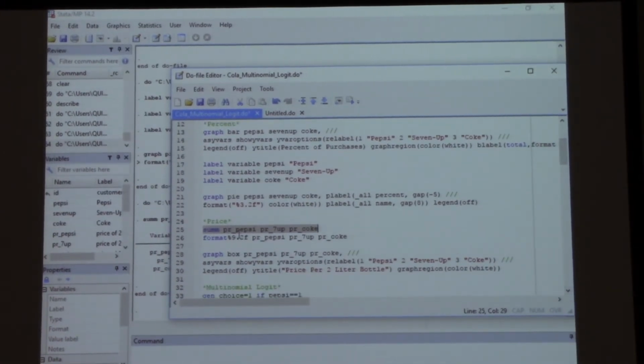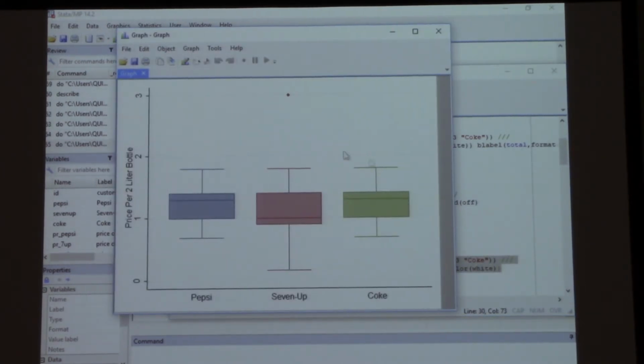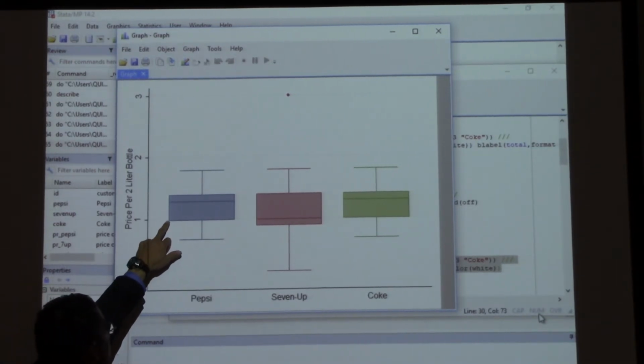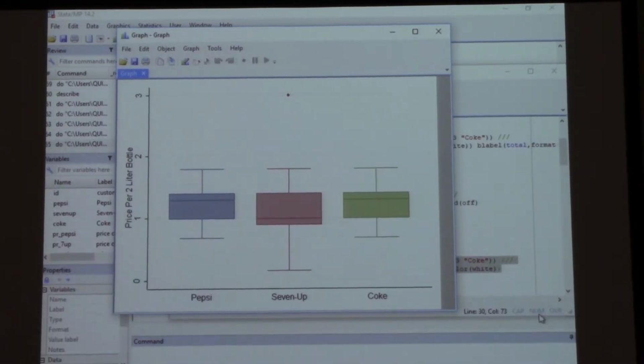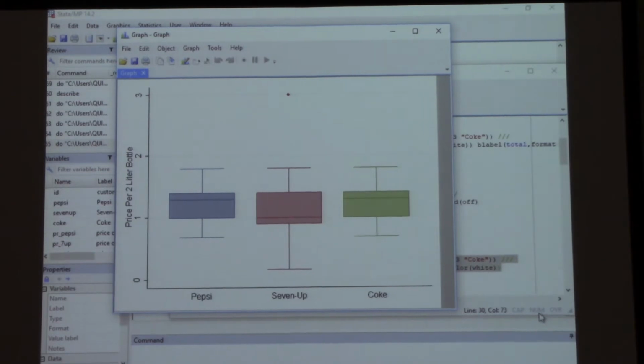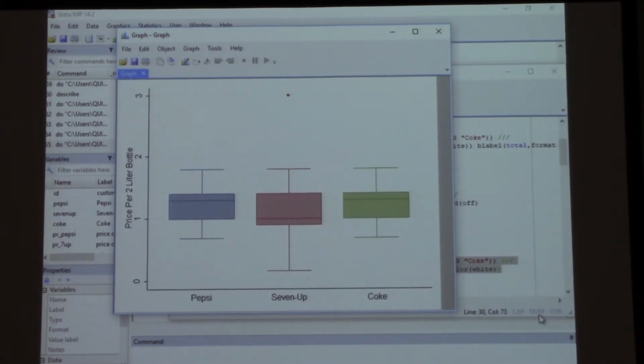Let's see how these prices look. Graph. Are they so good? Yeah, they're all pretty close. Remember the middle bar, or the bar in the middle of the interquartile range? Remember that in our box plot? This is the 25th percentile. That is the 75th percentile. And the line in the middle is the 50th percentile or the median price.